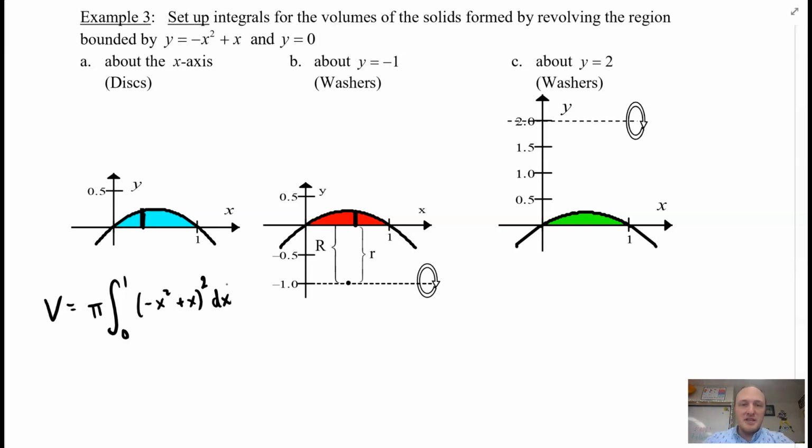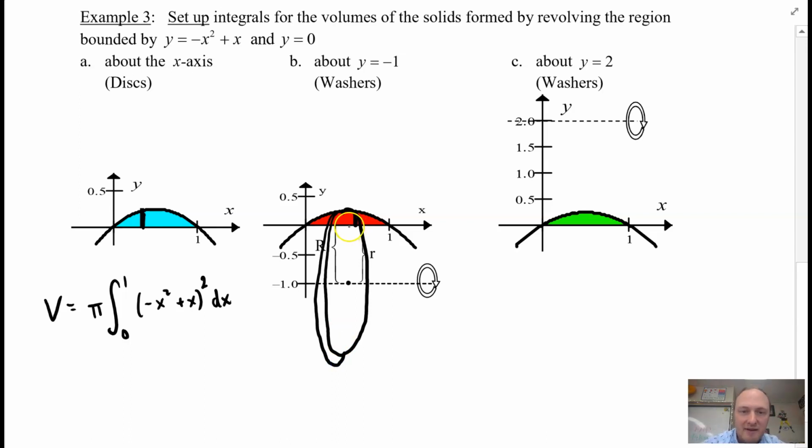Now what you're going to see for part B is I am not rotating about an axis. I'm rotating about the line y equals negative 1, which they've drawn in here. Just to give you an idea of what's going on, if I have this function and I want to rotate it, it's going to rotate all the way down here and then back up here.